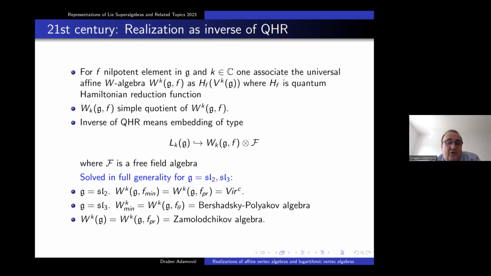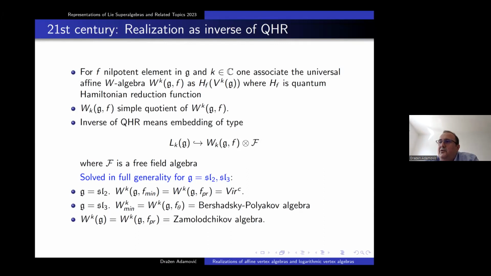Okay, and now I can speak about the solution and possibly applications of this. This story is fully solved in full generality for SL2 and SL3. So for SL2 and SL3, we know almost everything. For higher rank cases, there are some results, but some correspondence is still unclear. So what happens in the case of the Lie algebra SL2?